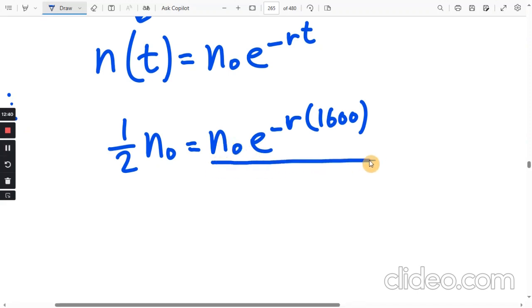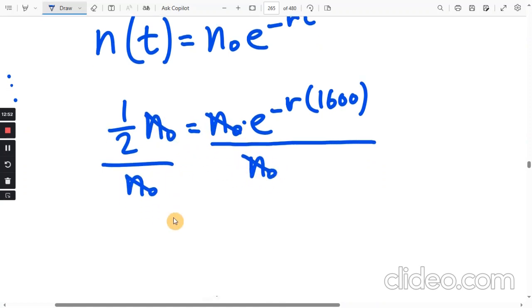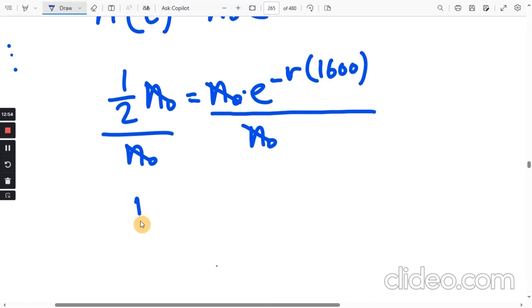The opposite of times n sub 0 is divided by n sub 0. It cancels on the right, and it also cancels on the left. We are left with 1/2 equals e to the negative 1,600r.